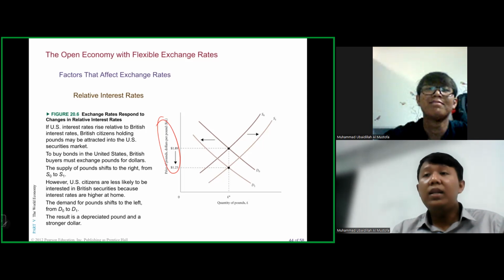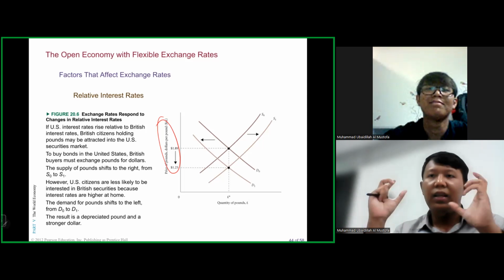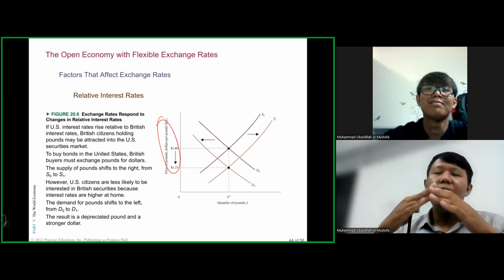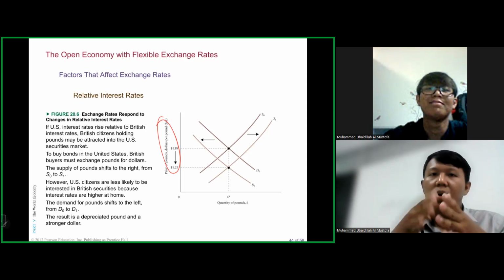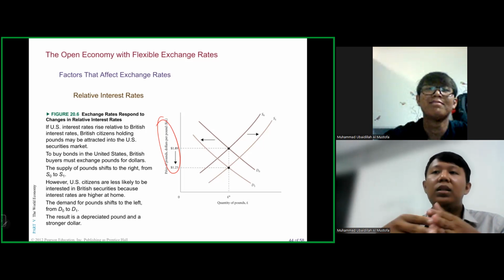So in this case, we need to know which currency is demanded more and which is less demanded. Once we have this idea, we can predict whether a currency is going to appreciate or depreciate.